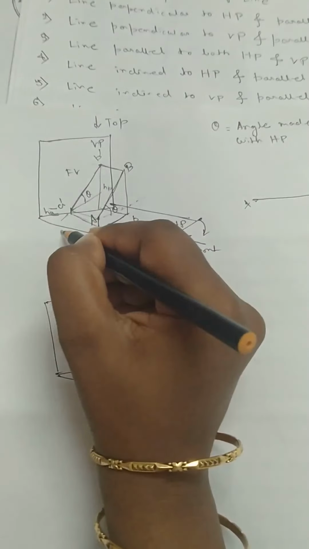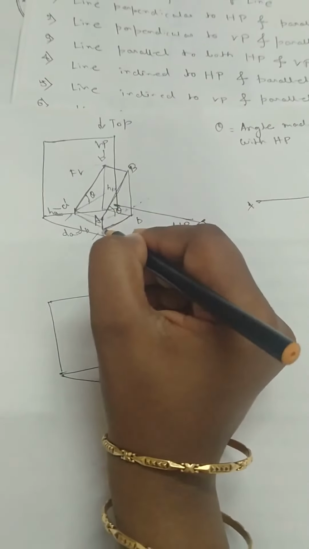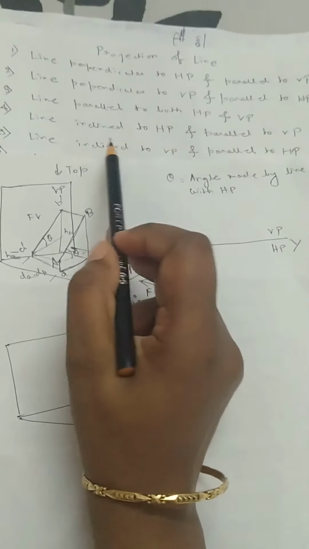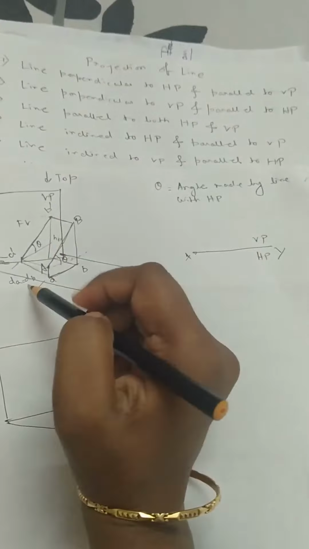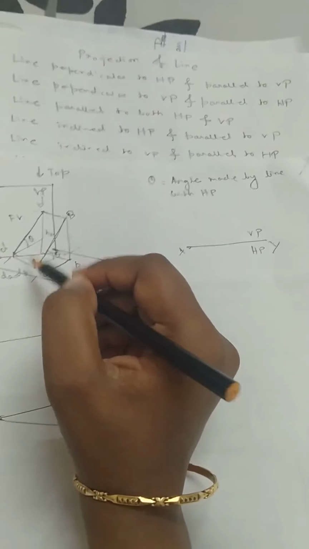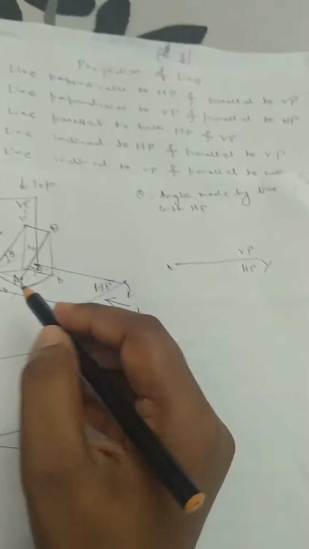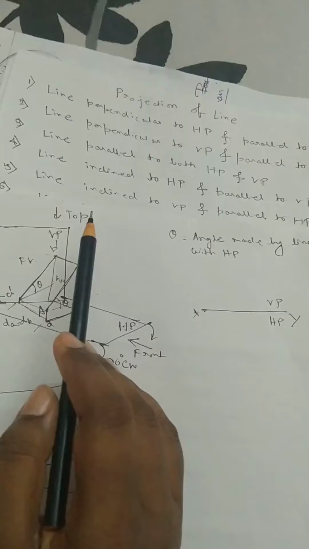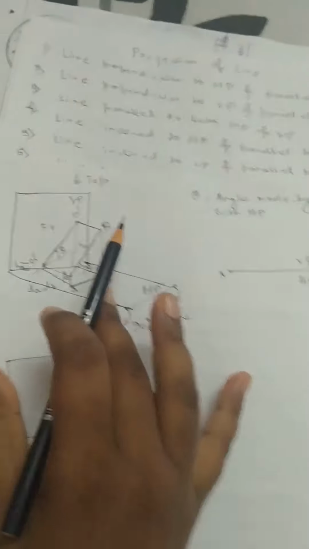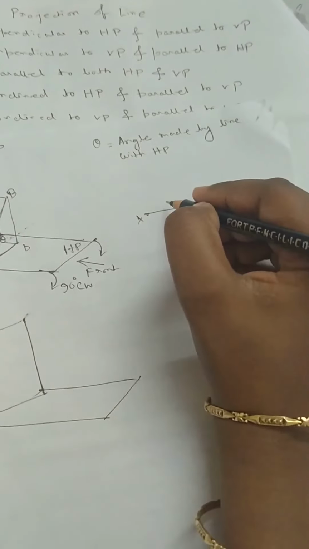But for this case, you can see DA equal to DB. Because the line is parallel to VP and inclined to HP. So true length we are going to get from front view.